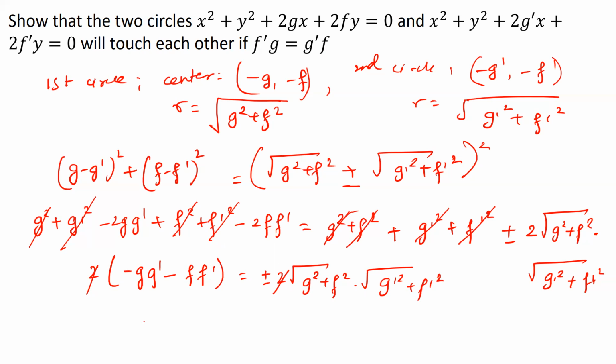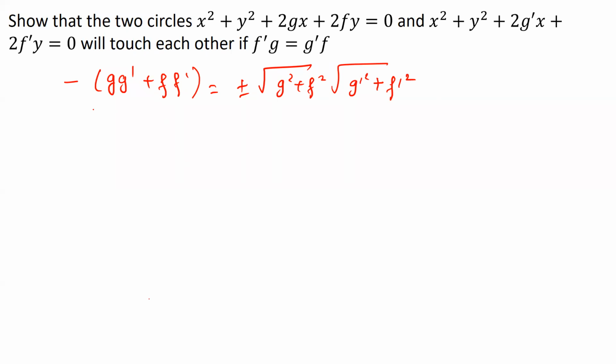So I'll clear the screen. We have negative of g dash plus f dash. I've taken a minus common over here, and the right side is as is, and then I square on both the sides. On squaring, this minus will become plus, the plus minus will be removed, and the roots will be removed. So what I'll have is g square plus f square times g dash square plus f dash square.